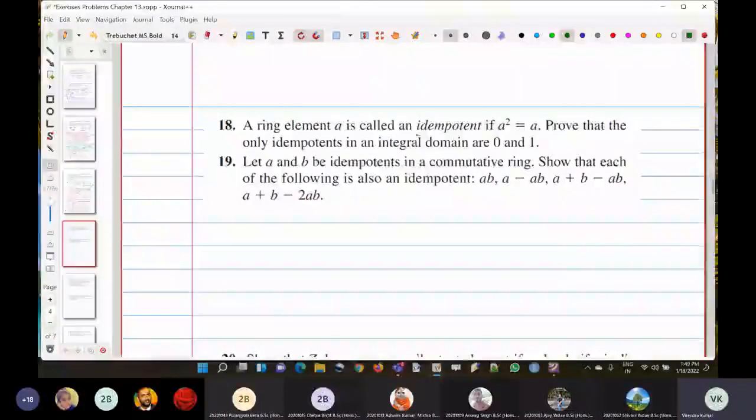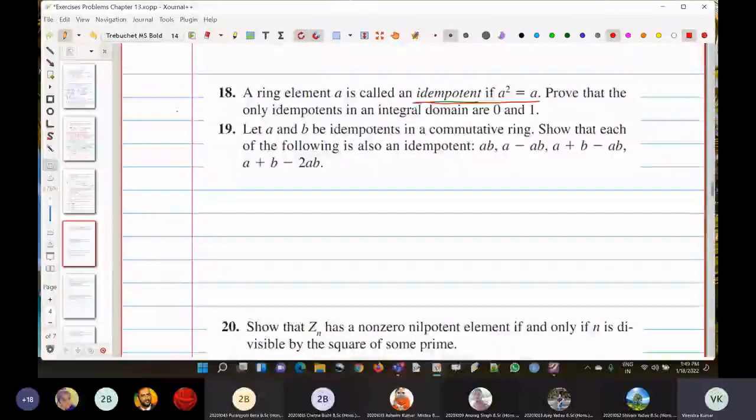Another definition is here, idempotent. Idempotent elements are those elements for which a square is a. So this is an element-based property. If we can find some element whose square equals itself, then we say that element is an idempotent element. They are defining it, and then they tell us to prove that the only idempotent elements of an integral domain are 0 and 1.